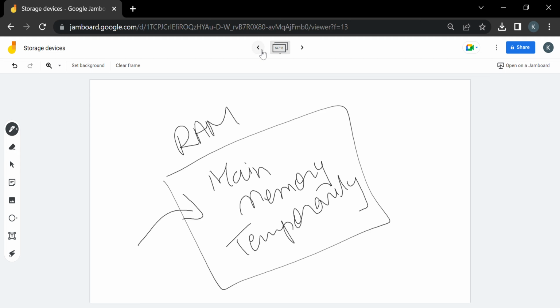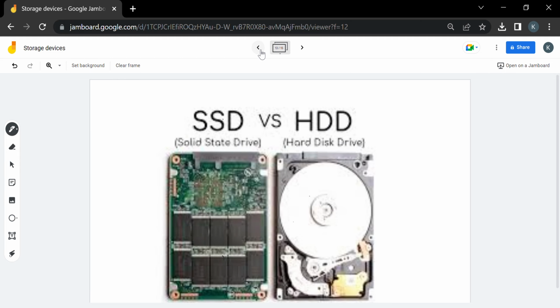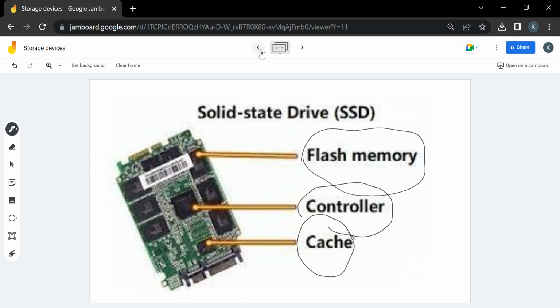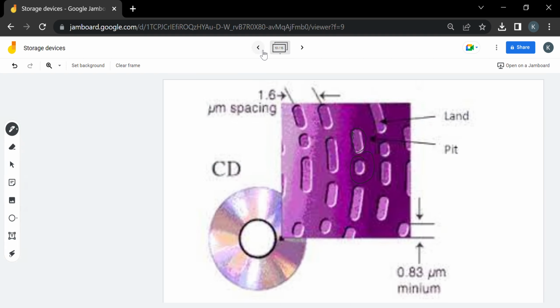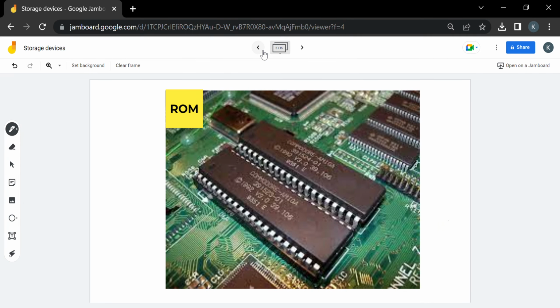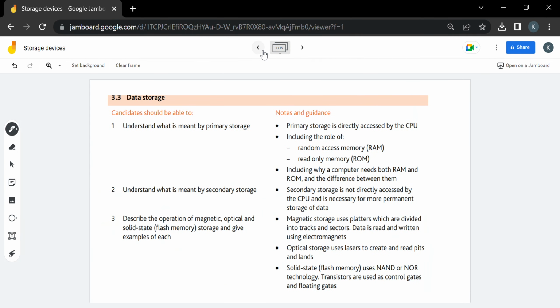So that's all about today's lesson. Hopefully you got the idea of what the different types of memory are, how these can be categorized into different types on the basis of their medium, and how these different mediums work. Let's recap our syllabus as well so that we can check if we have missed any points. Yes, we have studied primary storage, RAM and ROM.